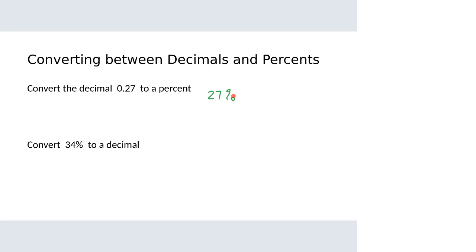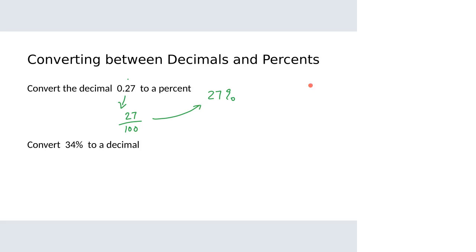If that's not comfortable for you, or maybe not yet, what you could do instead is look at this decimal and say, well, that's 0.27, which means it goes to the hundredths place. So as a fraction, that's 27 hundredths. And since percent means out of 100, per 100, 27 out of 100 is going to be 27%. So either way to get there, going from a decimal to a percent, is just fine, whatever's comfortable for you.